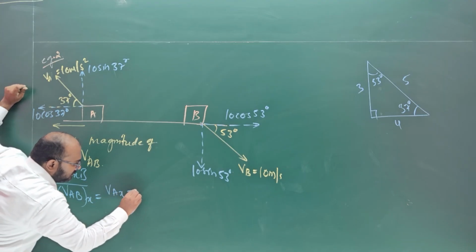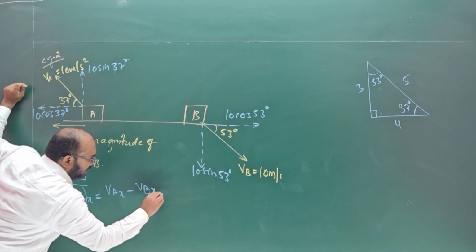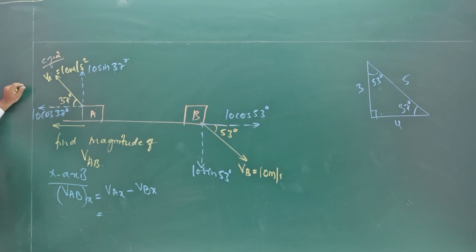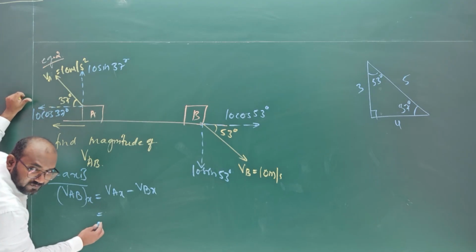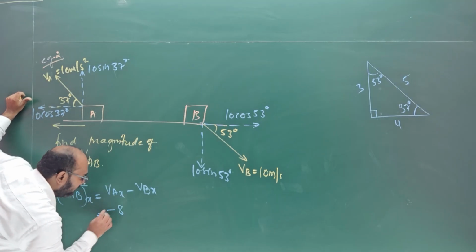VAX minus VBX. VAX going in which direction? Positive, negative? Negative. So what is the value of cos 37? Check from that one. That is 4 by 5. So 10 into 4 by 5 is nothing but 8. So minus of 8.